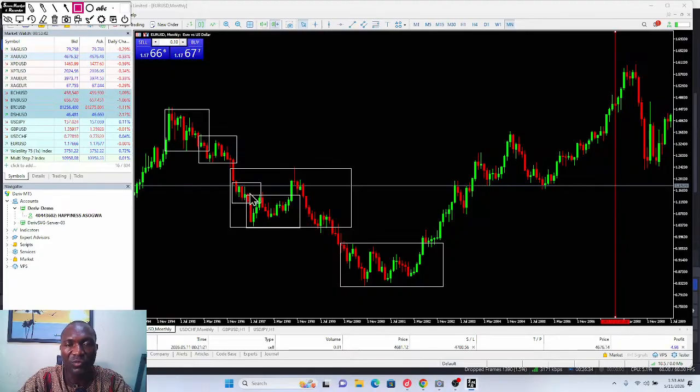Because it took out this pattern, you make it invalid. This place becomes your solid pattern to take your trade. So take your trade. Now it broke here, which is now your break of structure, and came down to this point.